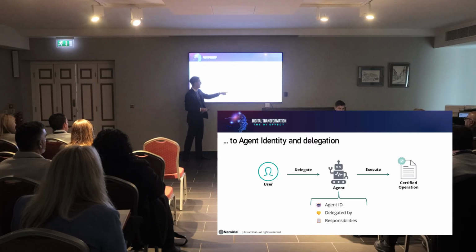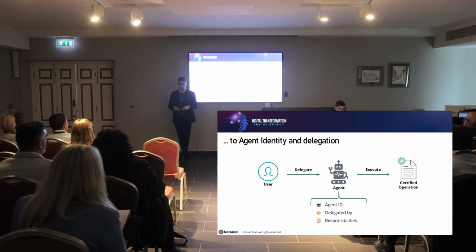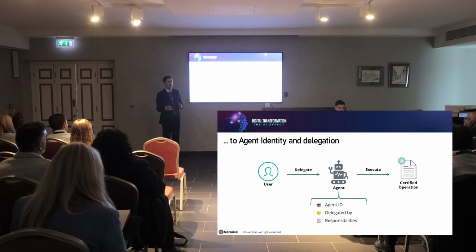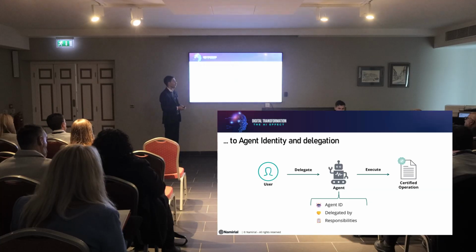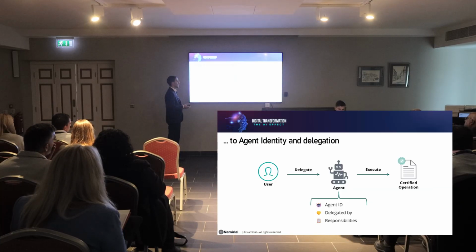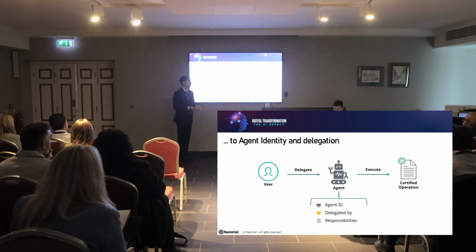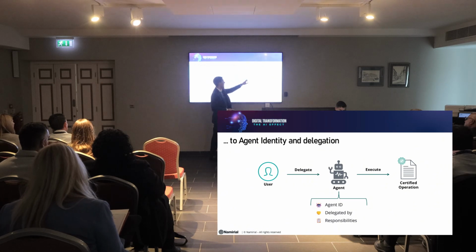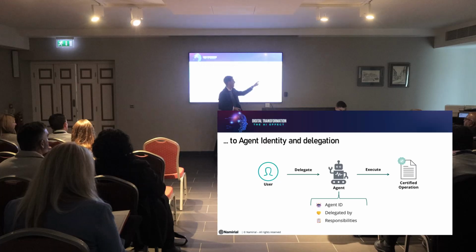And of course, within this delegation, the user needs to set the limits of the agent. So which are the responsibilities of the agent, which operations it can perform and which it cannot. So for instance, I can tell an agent to answer emails, but not to sign contracts, right? And then once we have all this, the agent can execute the certified operation.